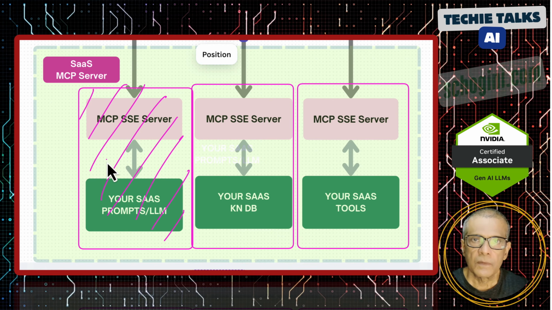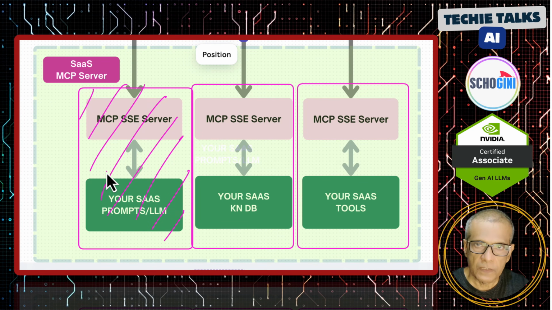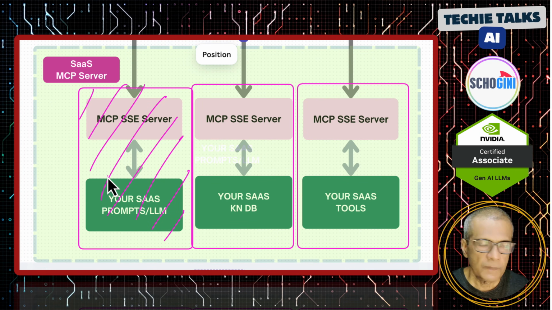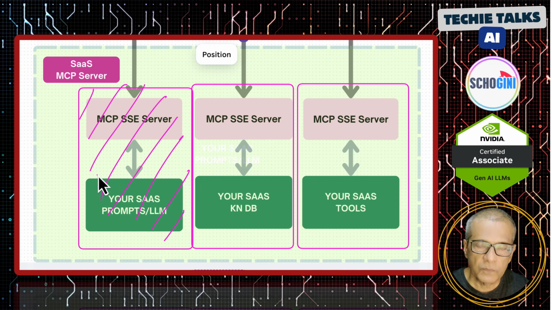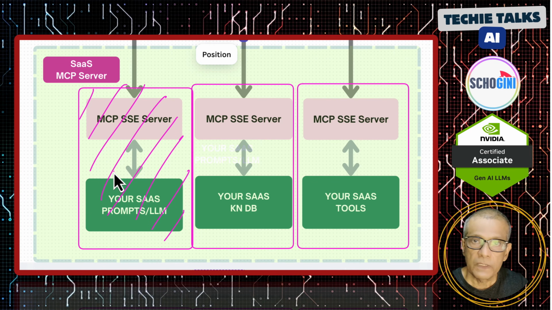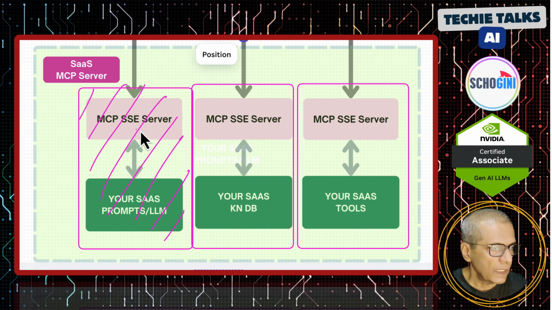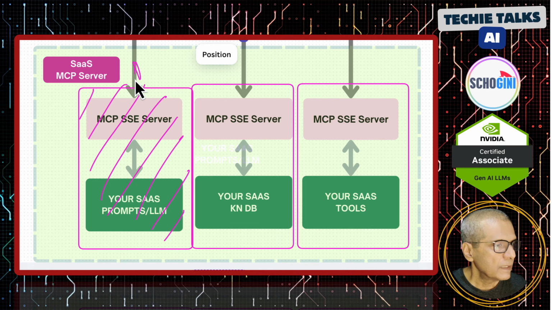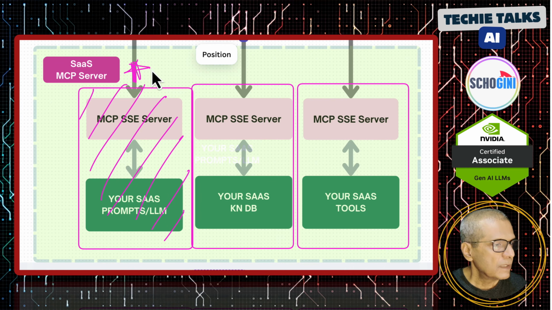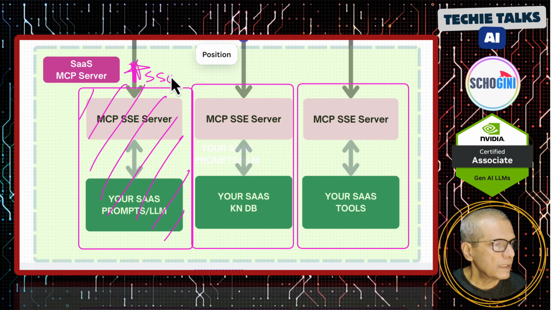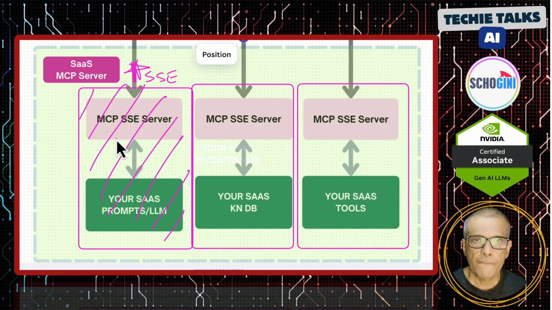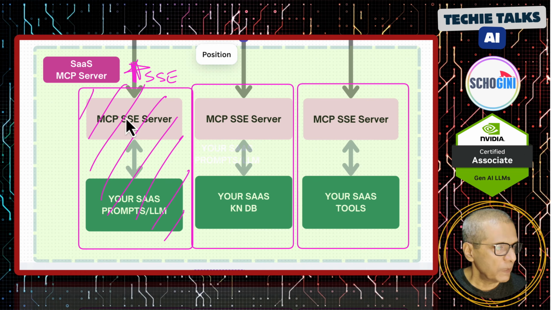My years of expertise in a certain domain I have captured and added as a prompt, added as a knowledge base, even tools. All those things I can add here and offer that safely through SSE endpoints. Got it?